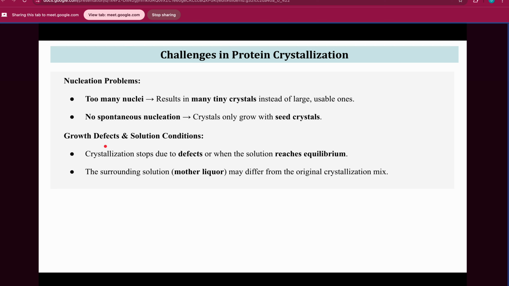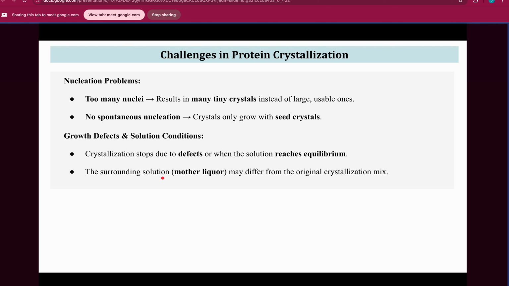Then come growth defects and solution conditions. Crystallization also stops due to defects or when the solution reaches equilibrium. As we have talked about, there are different methods to generate the crystals, but in such conditions crystallization will stop. The crystals won't be formed if equilibrium is reached.